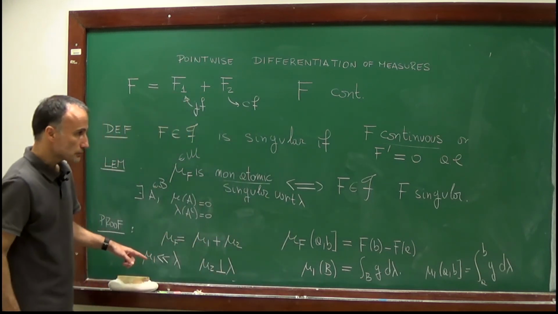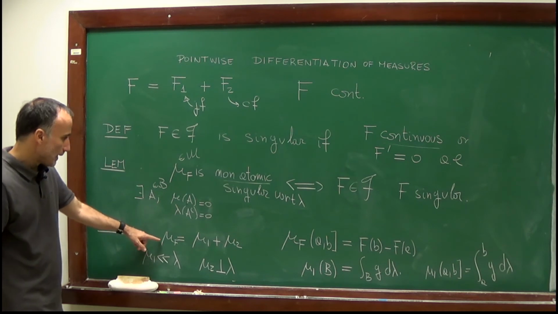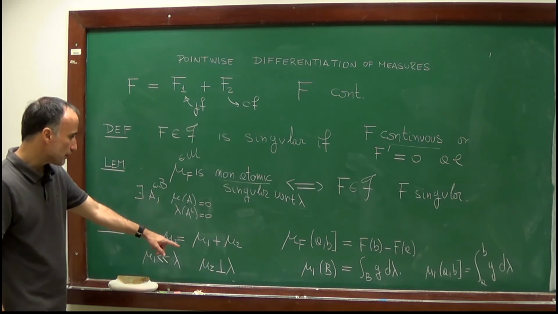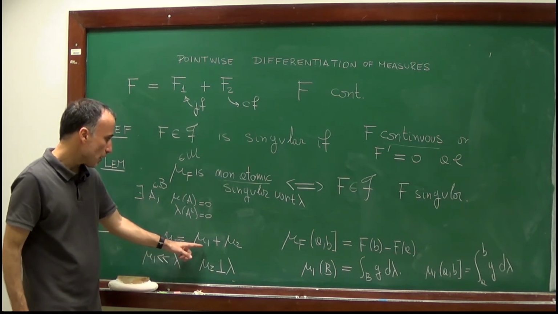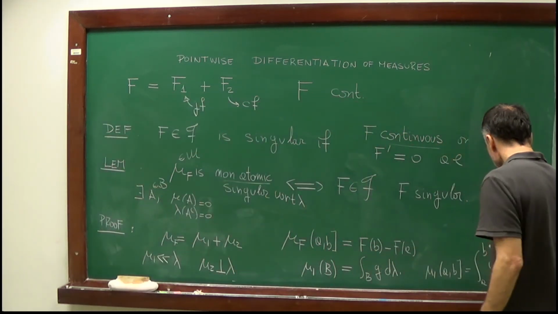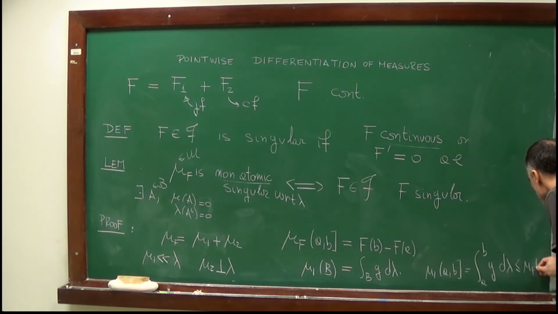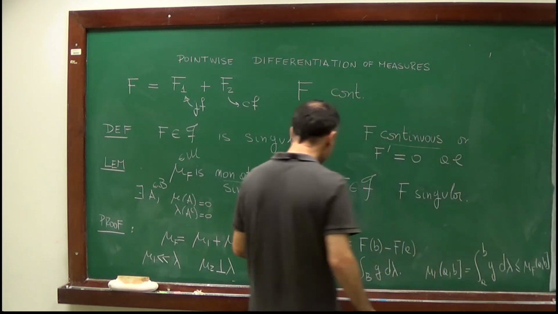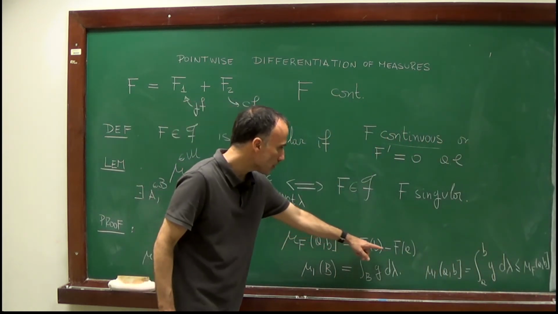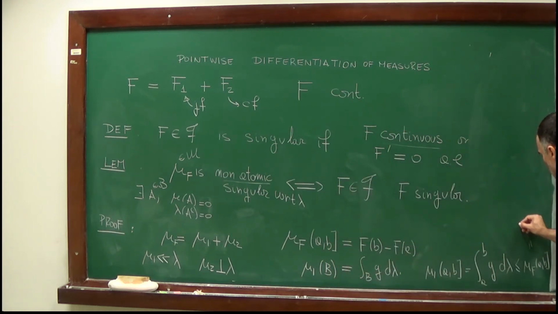This measure, due to that inequality, because mu f is mu1 plus mu2, mu1 of AB is less or equal than mu f of AB, and mu f of AB, I wrote it here already, is equal to fb minus fa.